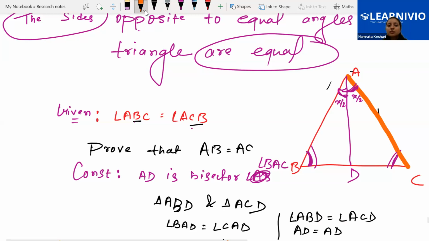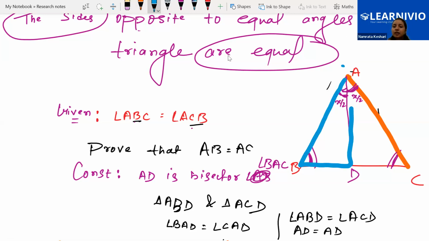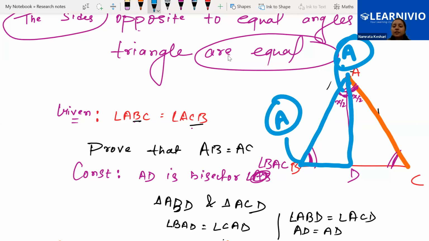I told you, when you are not getting anything, focus on one triangle only and mark down everything which you have used in your list. If we focus on this triangle only, I mark down this angle we have used, then this angle we have used, and then this side we have used.